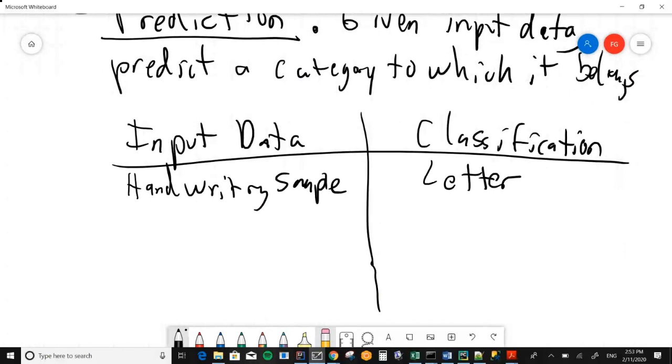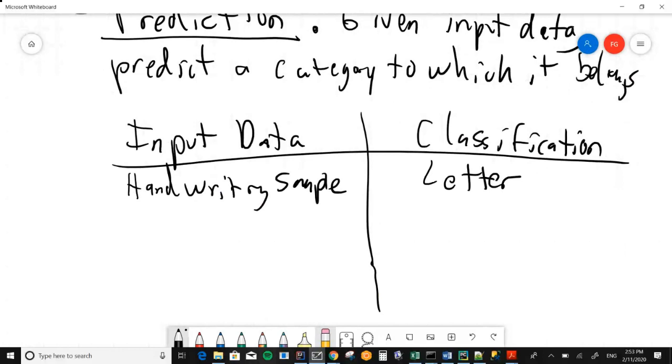This handwriting sample, you would imagine being encoded as an image, basically a two-dimensional array of pixels. That image gets thrown into some machine learning algorithm, and then the algorithm says something like, oh, that was a letter Q, okay? Handwriting recognition will be something we explore starting in the next project, when we start looking at neural networks.